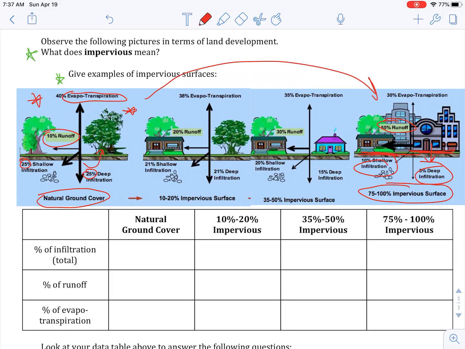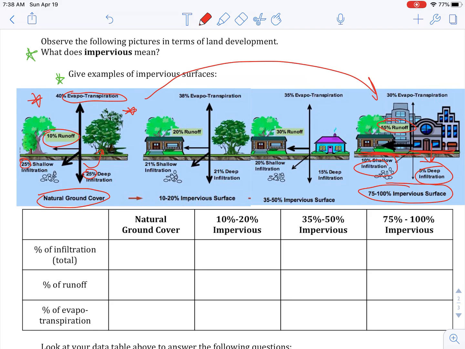Okay, now if that water isn't getting into the ground, it's running off. Okay, so it's staying on the surface. And in big cities, or just regular cities, I guess, there's a lot of stuff, a lot of junk on these impervious surfaces, from litter to chemicals, right? Your car is sitting in a parking lot with hundreds of other cars.